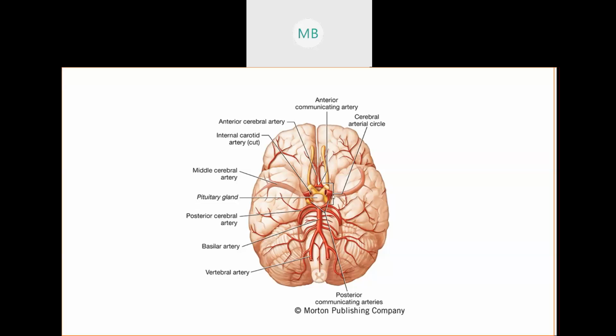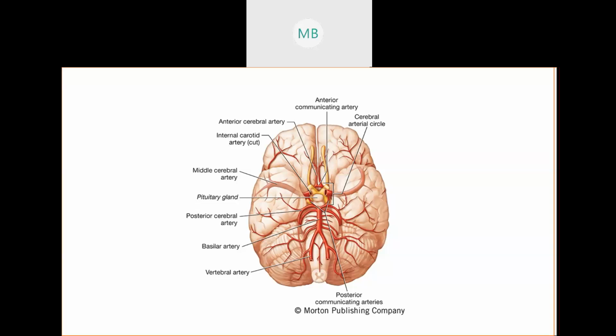The easiest way to remember this is the circle that is going around the pituitary gland is made of communicating arteries. You have two posterior communicating arteries and then an anterior communicating artery closing the circle at the top.